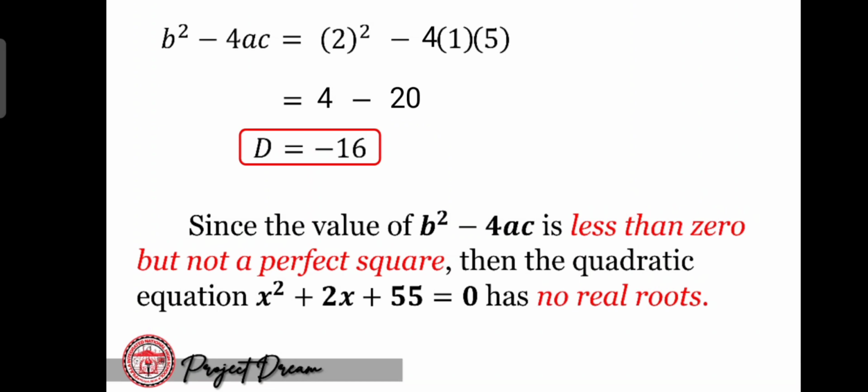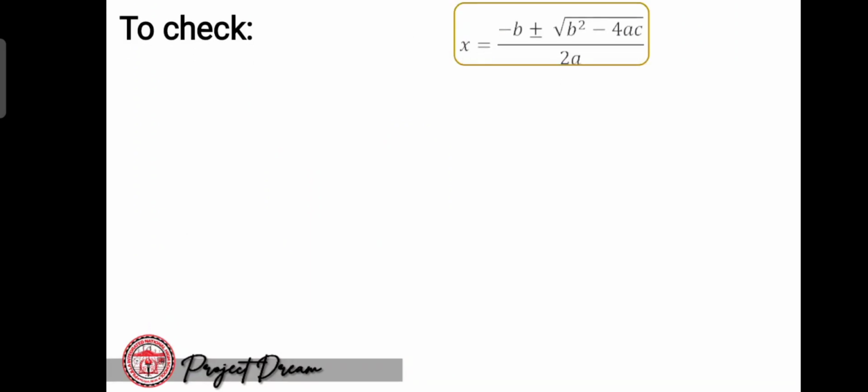So let's check. Now we will use the quadratic formula again. So x is equal to negative b, either positive or negative square root of b squared minus 4ac all over 2a. Since we have the values of a, b, and c, let us substitute them into the formula.